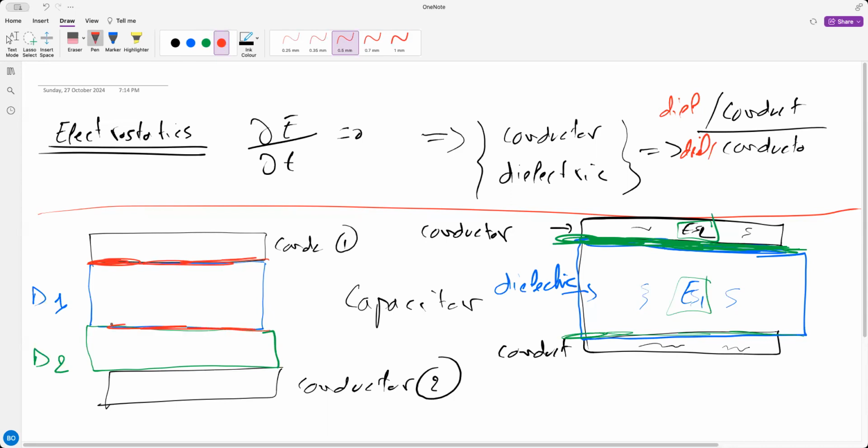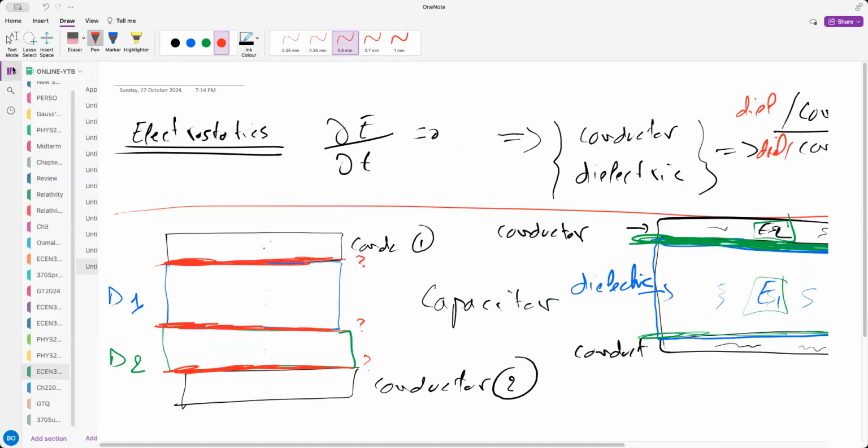Here I have a contact between two dielectrics that are completely different. And here I have a contact between dielectric 2 and conductor number 2. I need to understand, based on the material properties and on the electric field inside each material, how can I calculate the boundaries? Because this is very important. If you miss the boundaries, you get some divergent solution or nonsense solution.